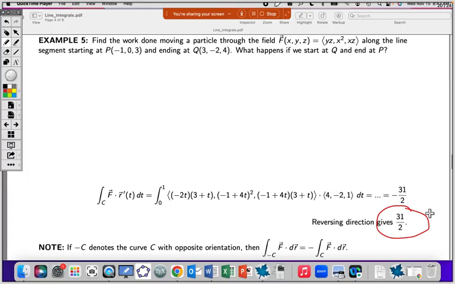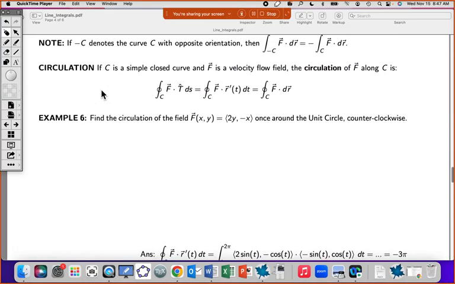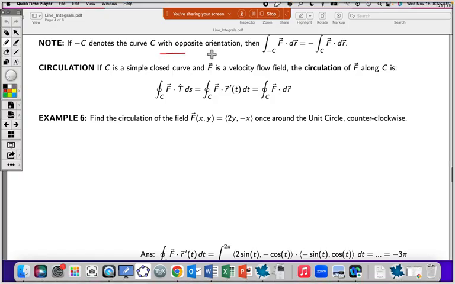And then if you turn around and come down the same path, you're going with gravity. It's the exact opposite. So if we use this notation, if minus C denotes the curve C with opposite direction, then the work done, the integral over minus C of F dot dr, is going to be minus the integral over C of F dot dr. Okay.